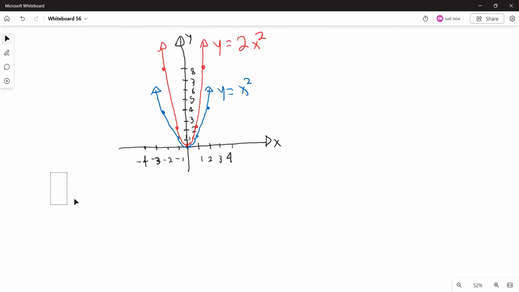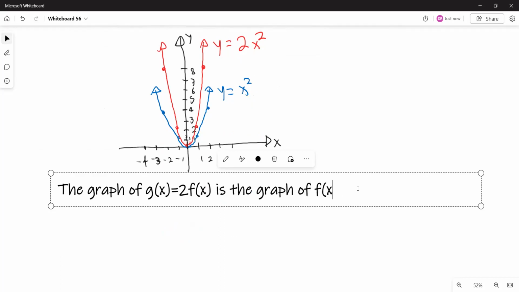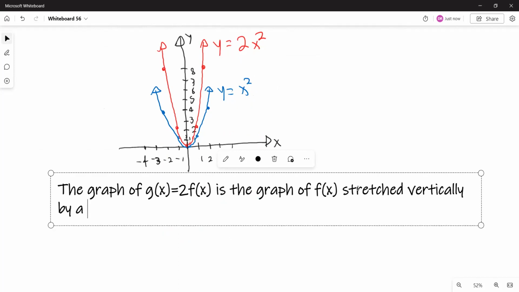Or the graph of g equals 2 times f of x is the graph of f of x vertically stretched by a factor of 2.